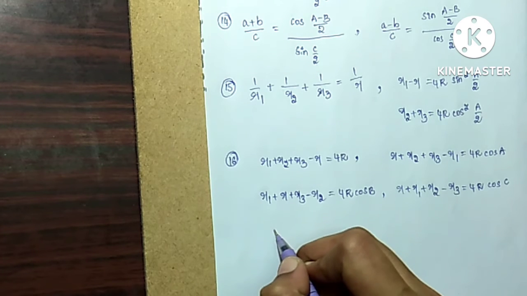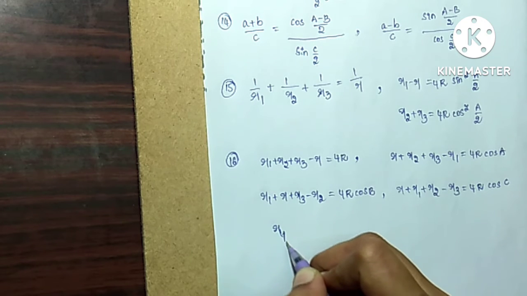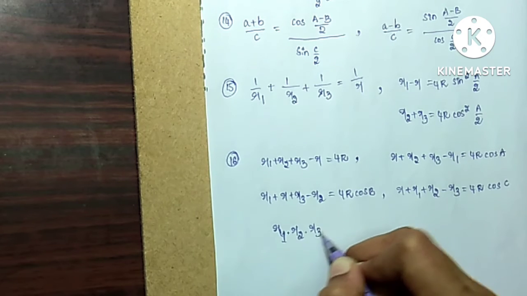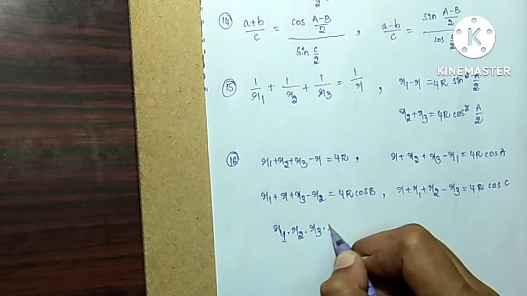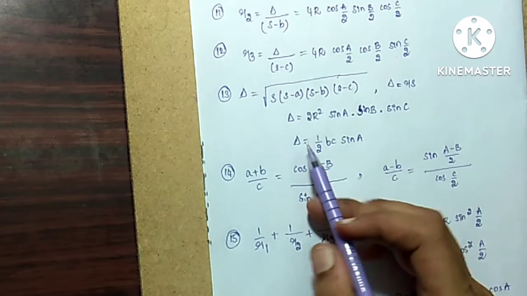Next our important formula is r1 into r2 into r3 into r is equal to delta square. We have already discussed the delta formulas; these are very important.